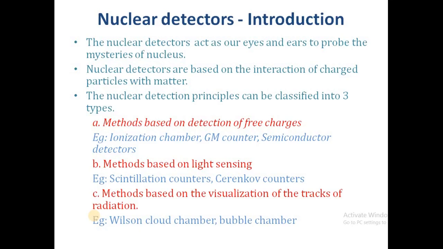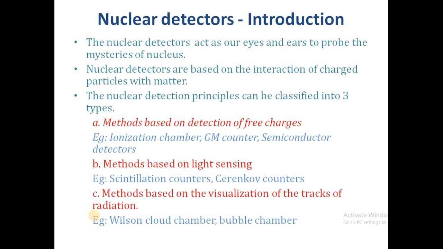These ions are collected by applying an electric field to get an idea about the nature and energy of the particles causing ionization. The instruments based on this method are ionization chamber, proportional counters, Geiger-Müller counter, and semiconductor detectors.